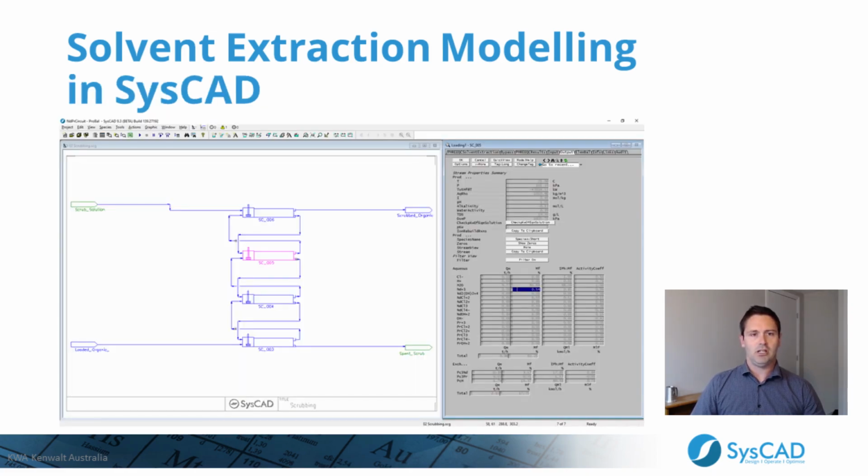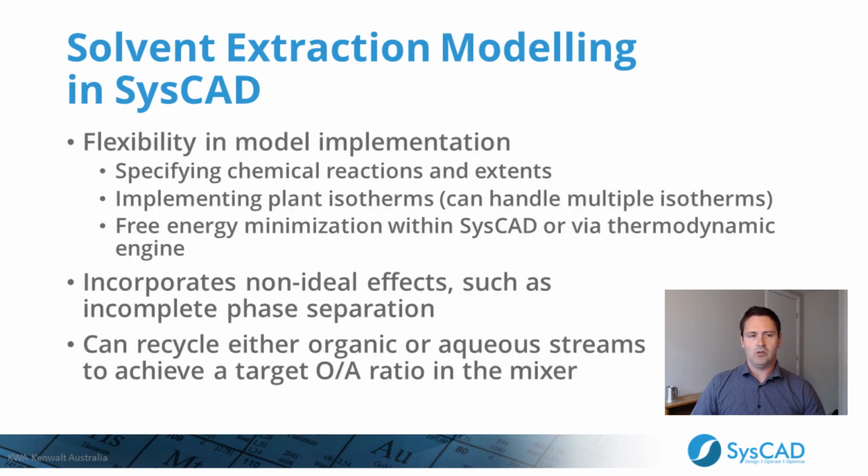Now, if we look in particular at how we do solvent extraction modeling in SysCAD, we have different layers. You can do things like specify chemical reactions and extents in your SX model. You can implement plant isotherms, as we mentioned before, and it's able to handle multiple isotherms for multiple metals. So this is a way you could store some of your test work results in your model.